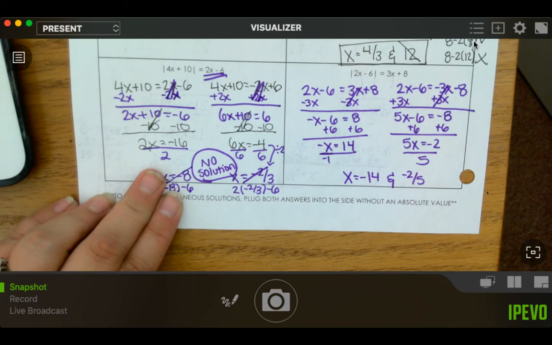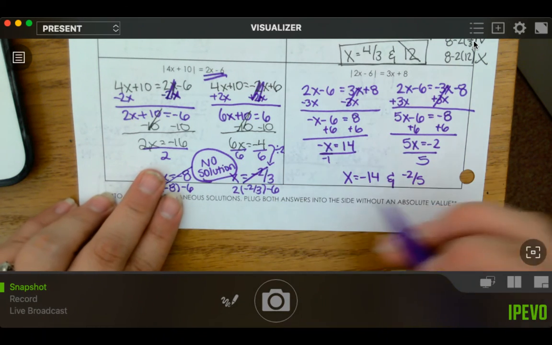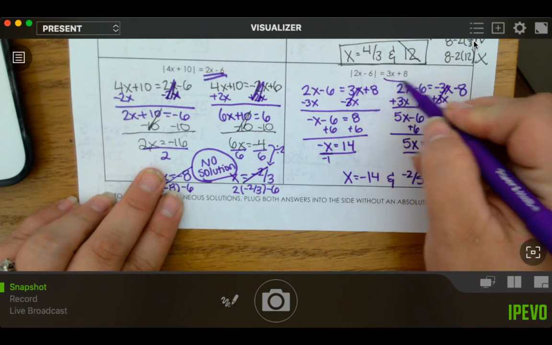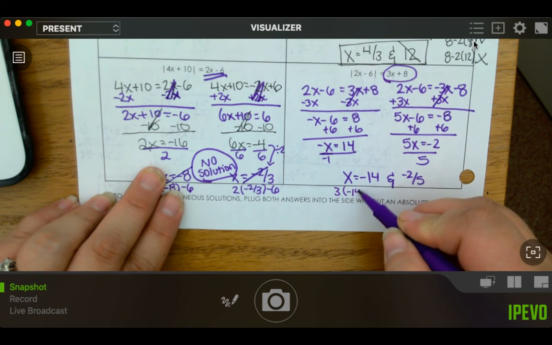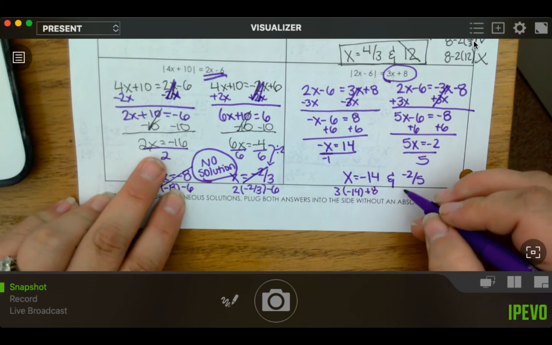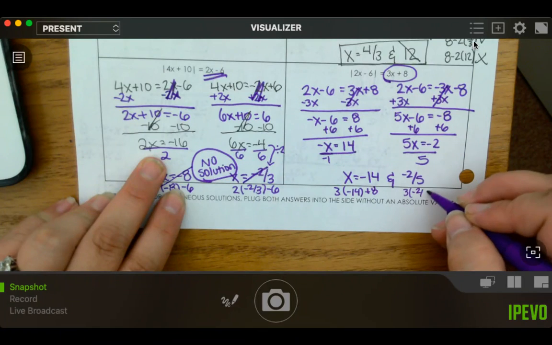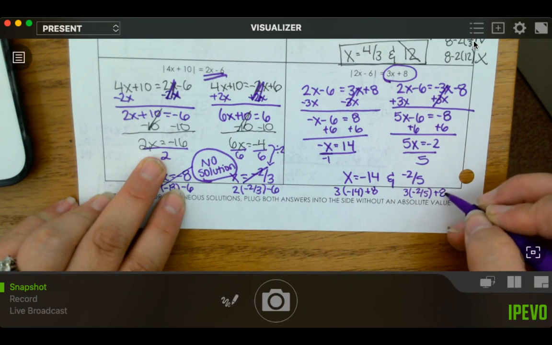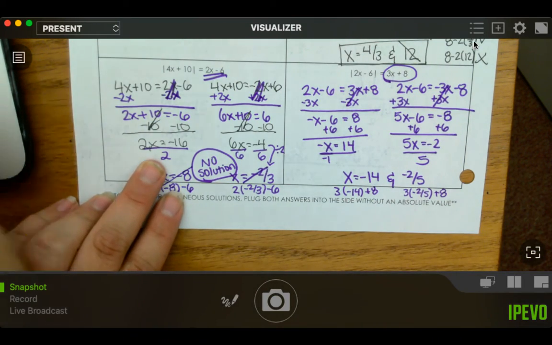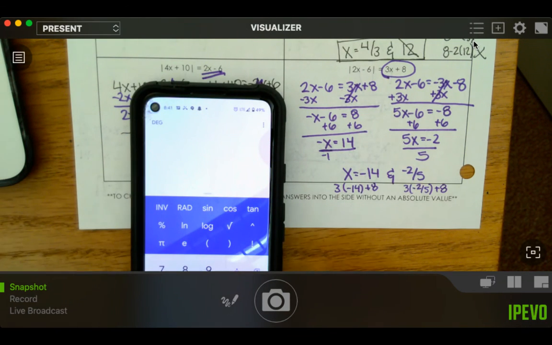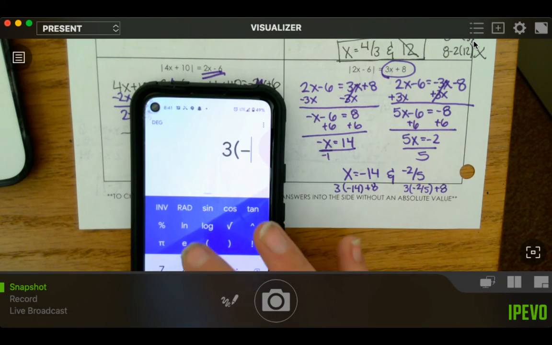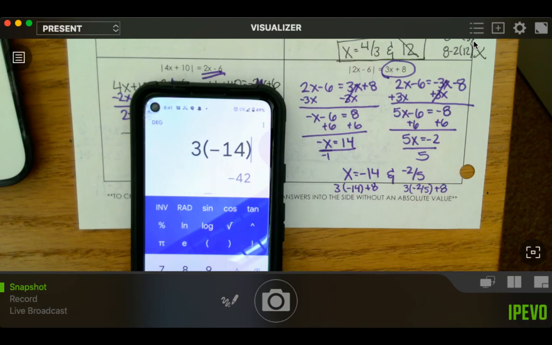And I got -14 and -2/5. Again, I'm checking that on this side over here. The 3 times that number that I got plus 8. And then I'm going to check them both in my calculator. 3 times -14 plus 8, -34.